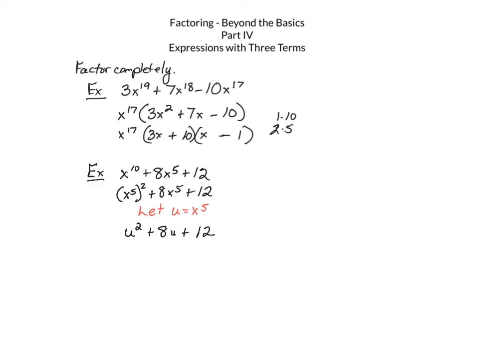And now I could factor this the way that I normally do. Again, I use trial and error. You use whatever strategy you prefer. So I put in my u and u. Let's see, 12 is 1 times 12, or 2 times 6, or 3 times 4, and 2 times 6 looks good to me, with a plus in both places.